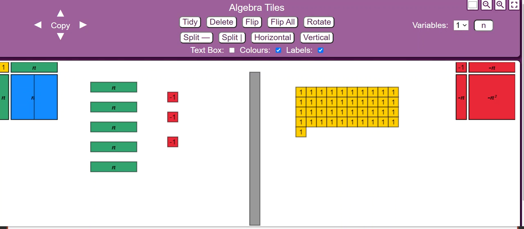Now, in the algebra tiles, what that means is this. What we have to do, if we want to know what it is, before I subtract these 3, obviously, I have to add the 3 back on. All right? Make sense?